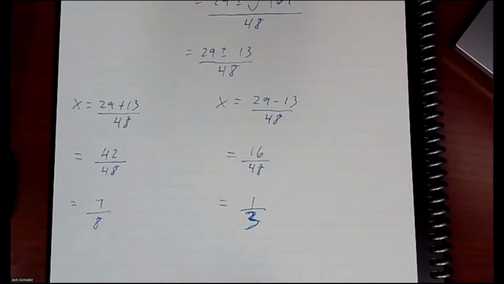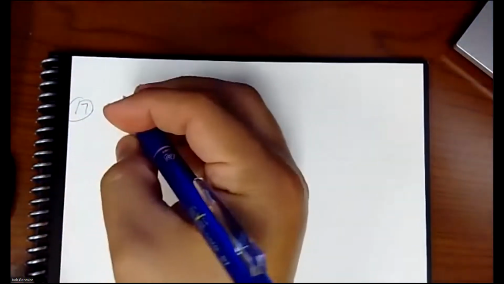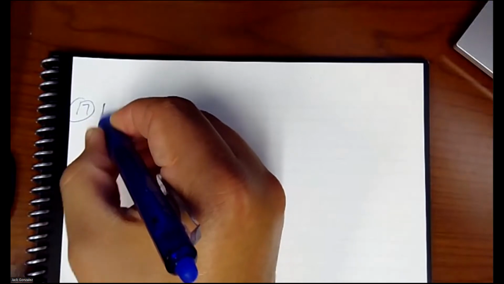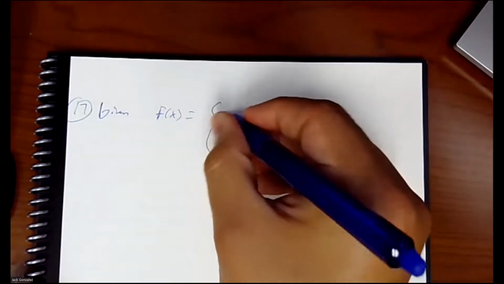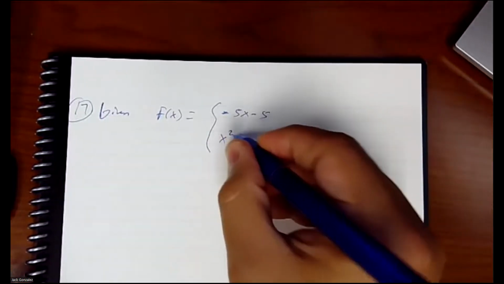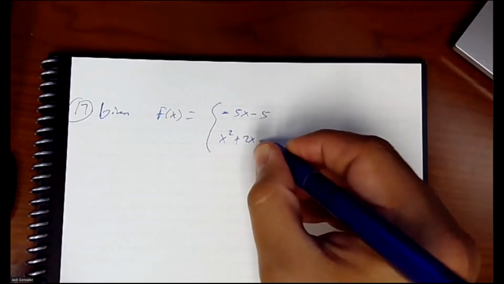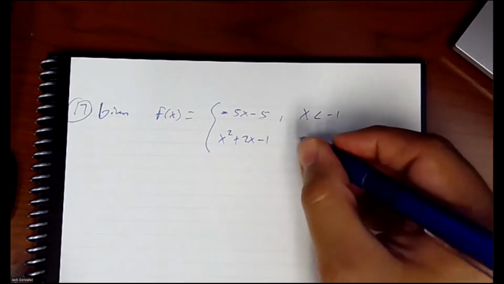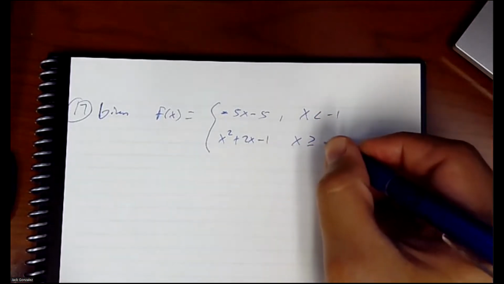All right, let's move on to piecewise functions. We're almost finished. So given, we'll shorten the question here, f of x equal to negative 5x minus 5 and x squared plus 2x minus 1, x less than negative 1 and x greater than or equal to negative 1.